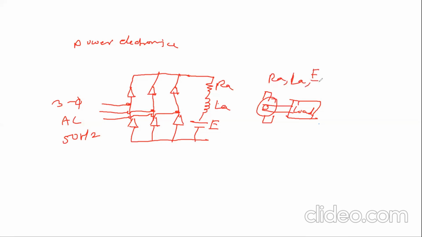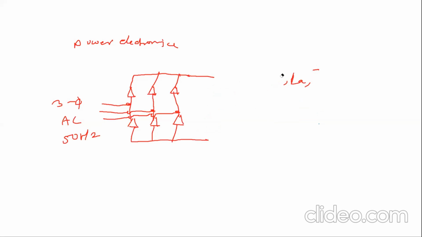This circuit can be represented using an RLE load. Now I will erase this RLE part and replace it with a DC motor load.